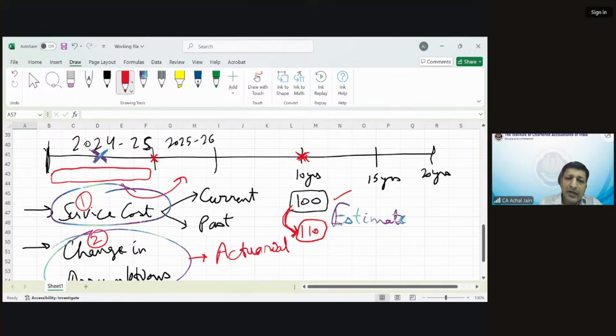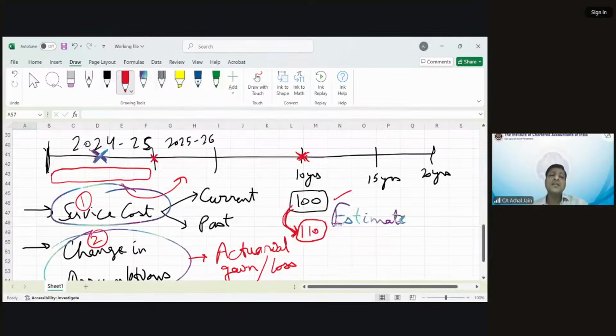See, the component of the change in the liability that you will have because of the changes in assumptions. If the liability goes up, it will be an expense, which is actuarial loss. If the liability goes down, it will be a kind of reversal of liability. That's an income. That is what you call as actuarial gain.